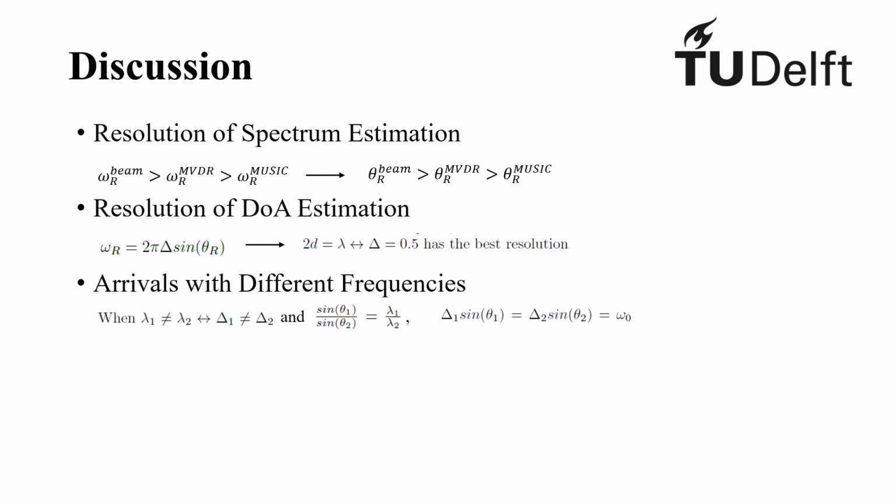It is larger than MVDR and larger than classical beamformer. And through the mapping formula, we can know that when distance equals wavelength over 2, the resolution is the best. In addition, when the frequency of arrivals is different, there may be an overlapping problem.